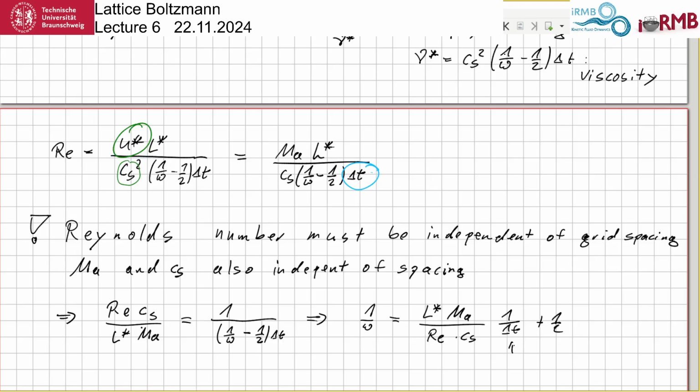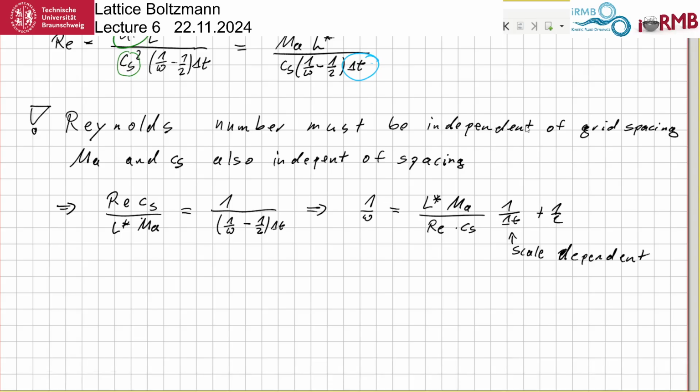So here's the scale dependent part in it. Okay, so very important, I cannot overstate this. In acoustic scaling, epsilon is proportional to delta t, and this is proportional to delta x.